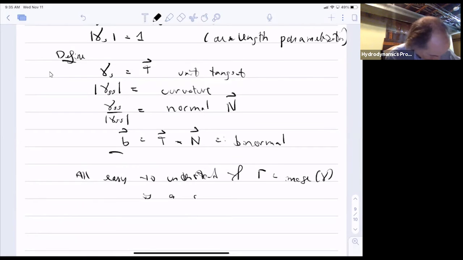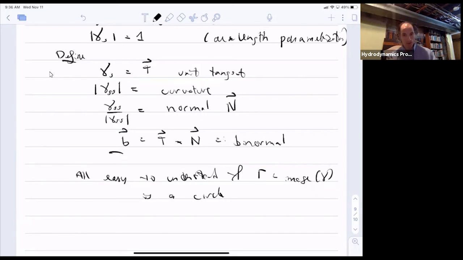is a circle, in other words, I take a plane in R3 and I have a circle in that plane. Then we may as well assume it's sitting in the XY plane and it's parameterized by R cosine s over R, R sine s over R, where R is the radius. The tangent is tangent to the circle and the normal points inward in this case.